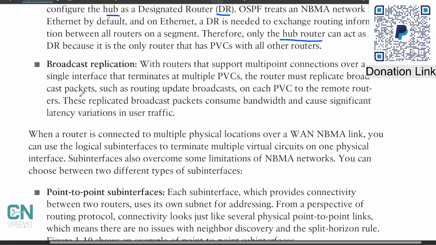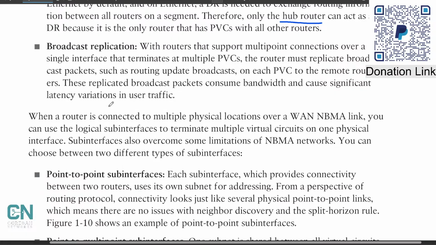Broadcast replication. With a router that supports a multipoint connection, or a single interface that terminates multiple PVCs, the router must replicate broadcast packets such as routing update broadcasts on each PVC to the remote routers.